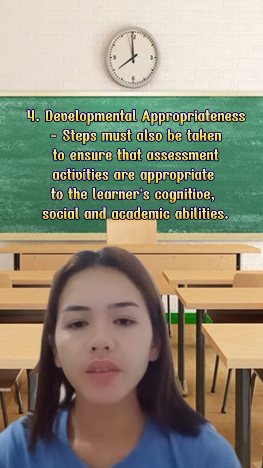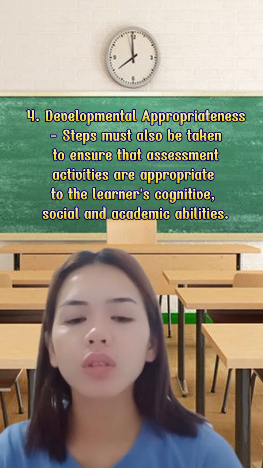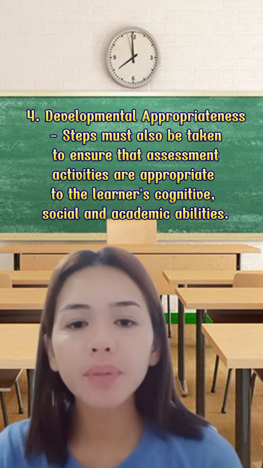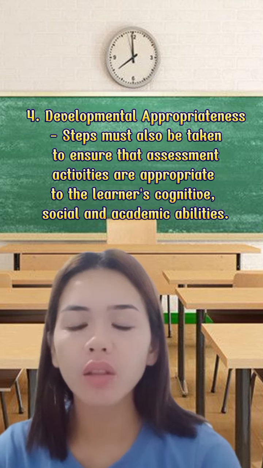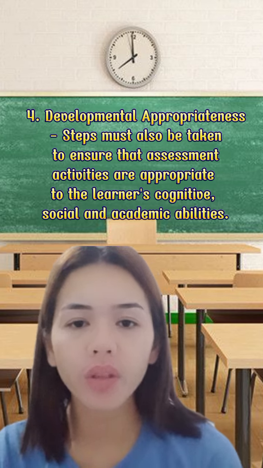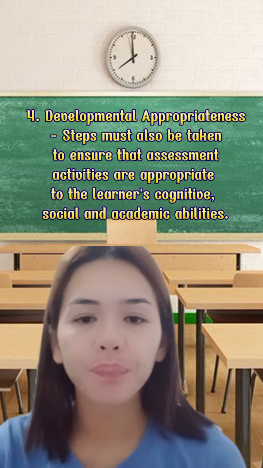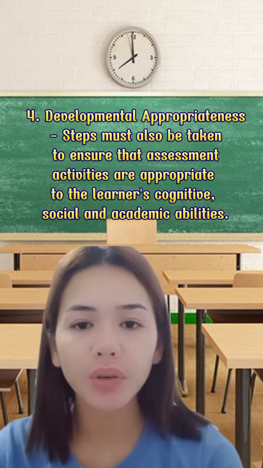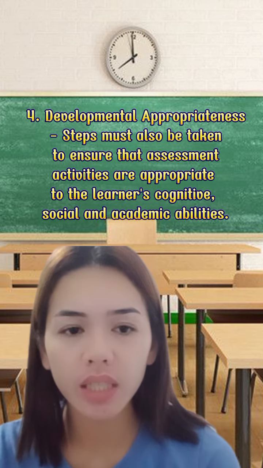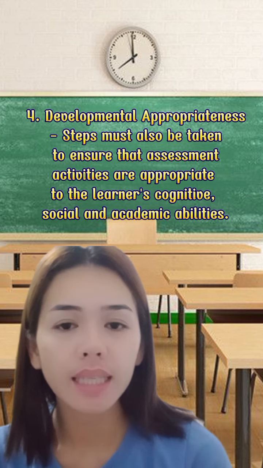Number 4, developmental appropriateness. Steps must also be taken to ensure that assessment activities are appropriate to the learner's cognitive, social, and academic abilities and levels. For example, before going through the topic discussion, ask your students first what they know about the topic that you will be discussing.